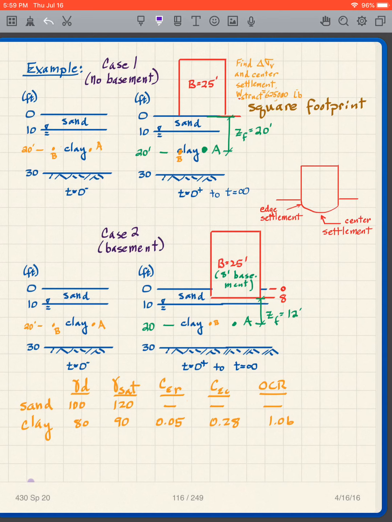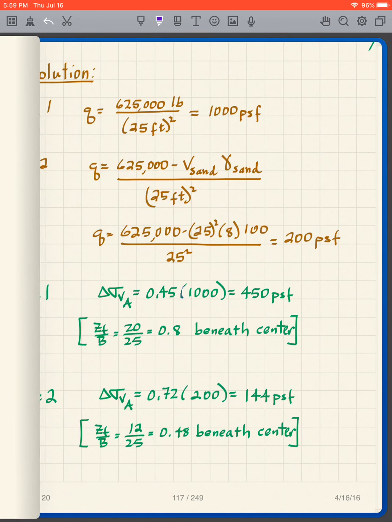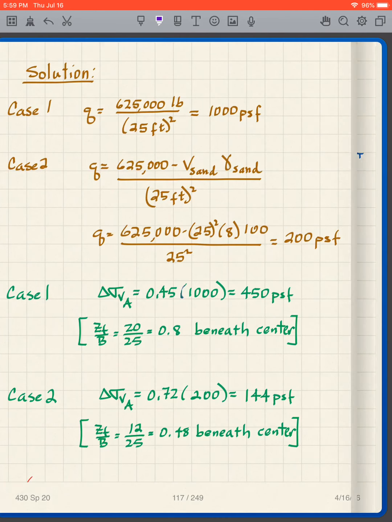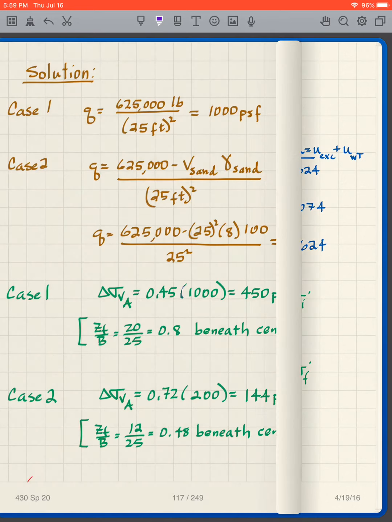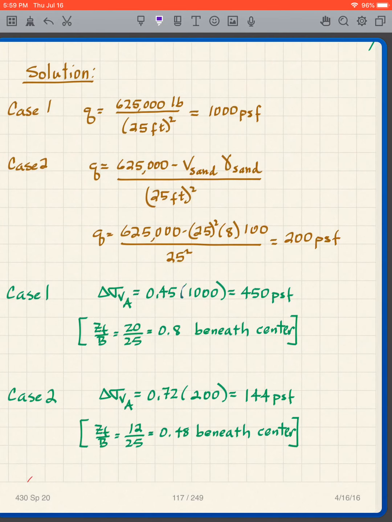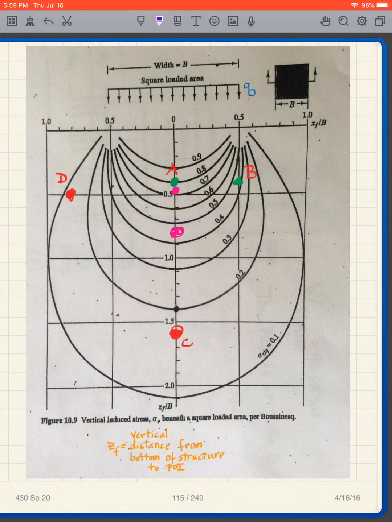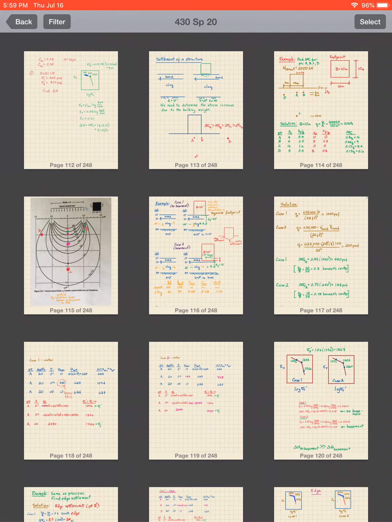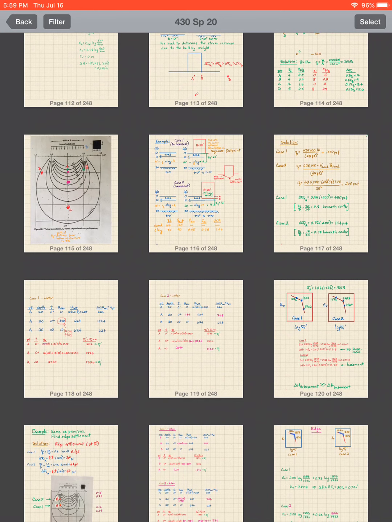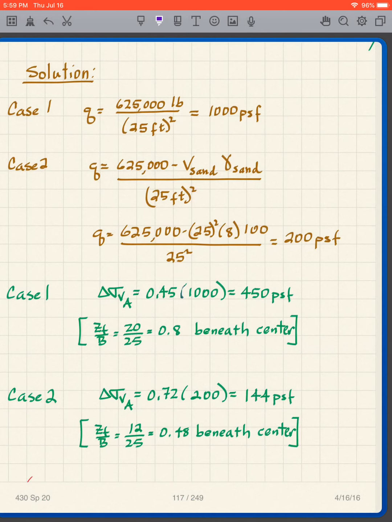So I have to use my Boussinesq chart or my pressure bulb to figure out what my contour reads. Let's look at our point A. Well, I have for point A, my ZF over B is 20 over 25.